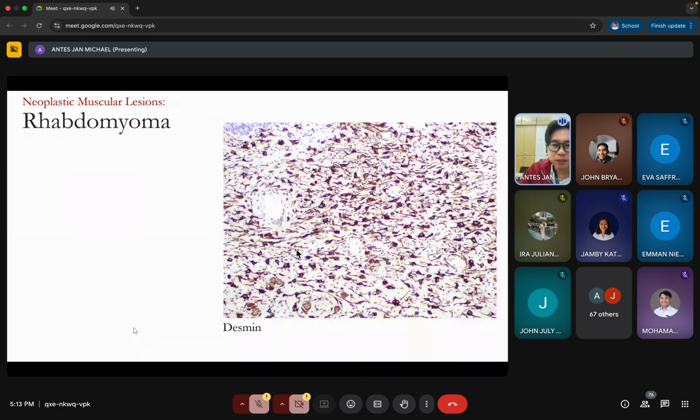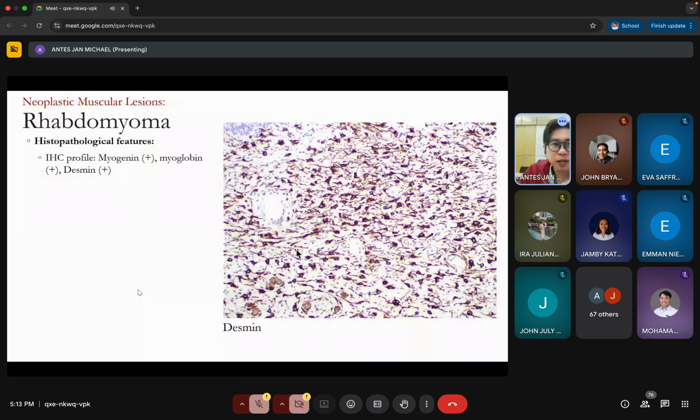So just to differentiate this type of muscle tumor from any other type of muscle tumor or any other connective tissue tumor, you will first need to see if this is really a muscle lesion by doing IHC markers like Desmin.